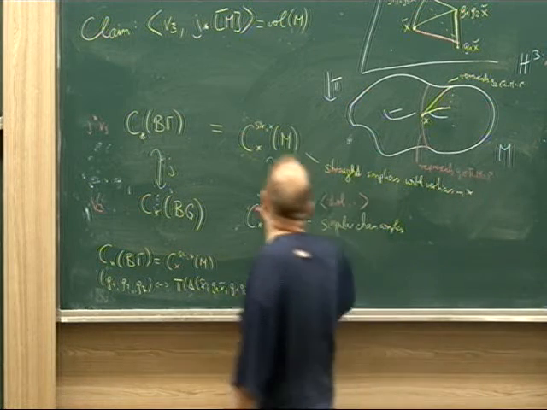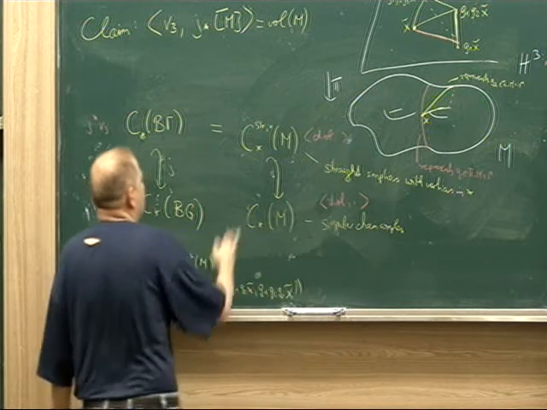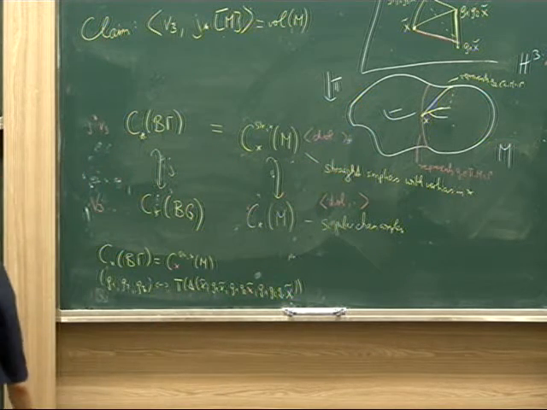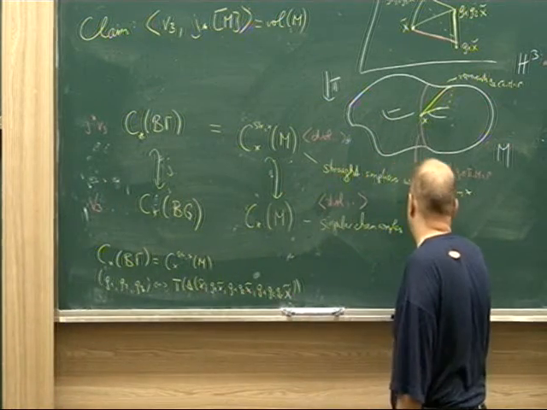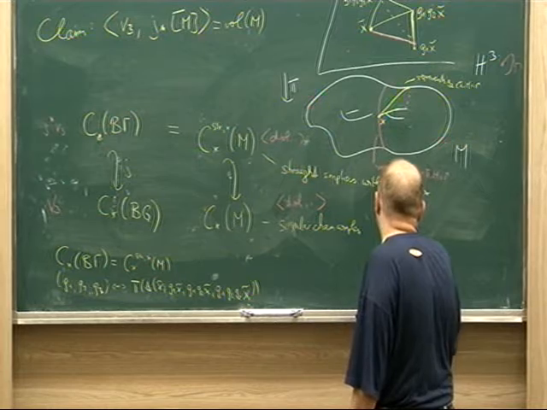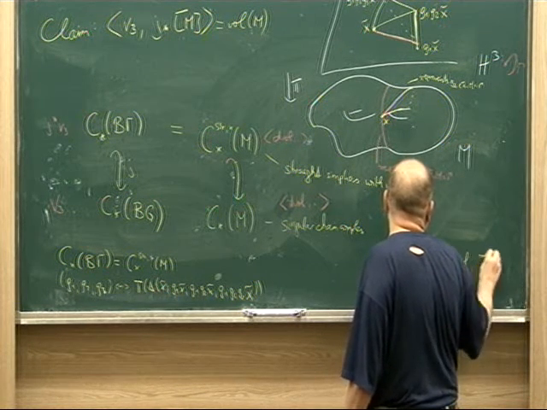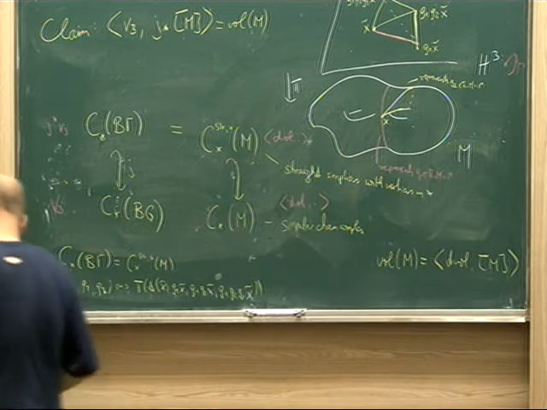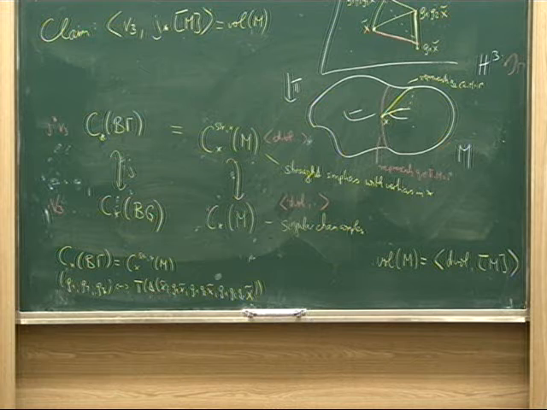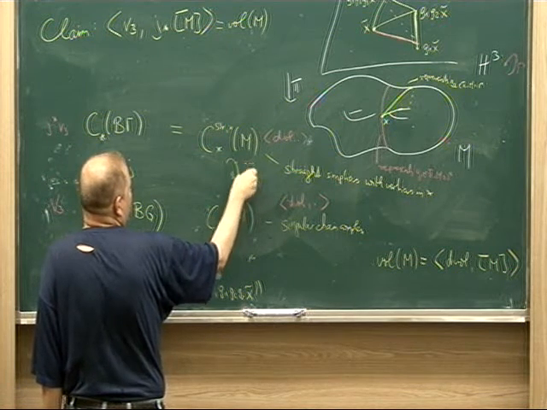And of course you can restrict this to this smaller complex, and by definition of the volume form, we know that the volume can be computed by integrating the volume form over the fundamental class. And so this inclusion can be shown to be a chain homology equivalence.